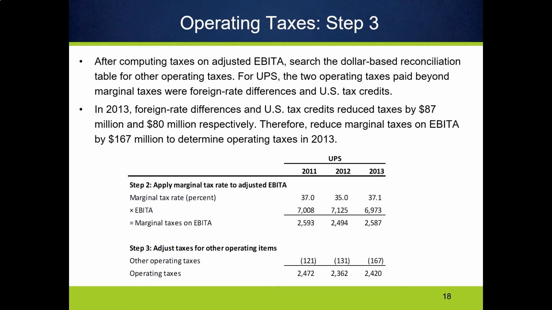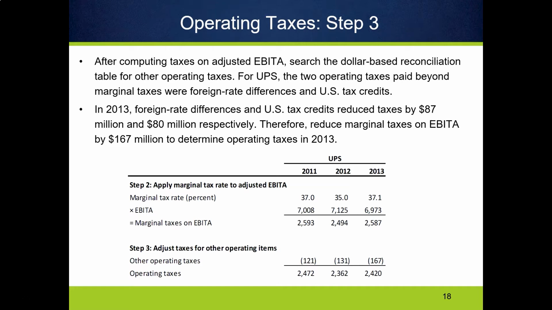And then we are going to try to go back to the dollar-based reconciliation table. We're going to look for any other operating taxes. Now, UPS had some operating taxes. They had some foreign tax rate differences, so they paid lower taxes than on the income that they earned in other countries, and they had some US tax credits that were based on their operations.